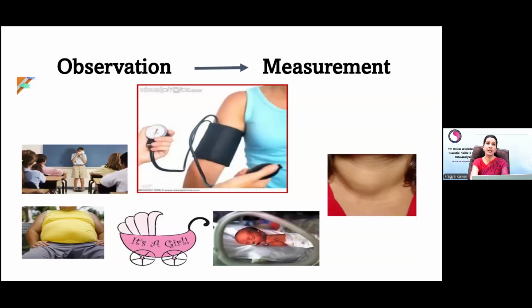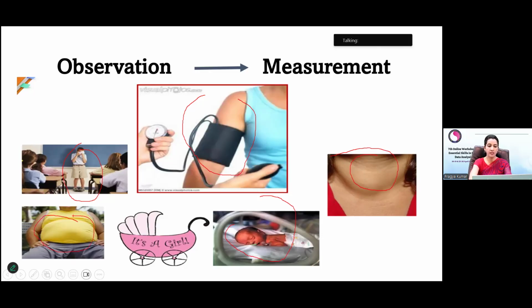So how do we yield data? We yield data by observation. In this example, you can see there are various pictures. Here the person is showing some gesture. Here it is blood pressure. Here you can see a thyroid swelling. This is a newborn baby. And this is the abdominal circumference or the waist circumference.